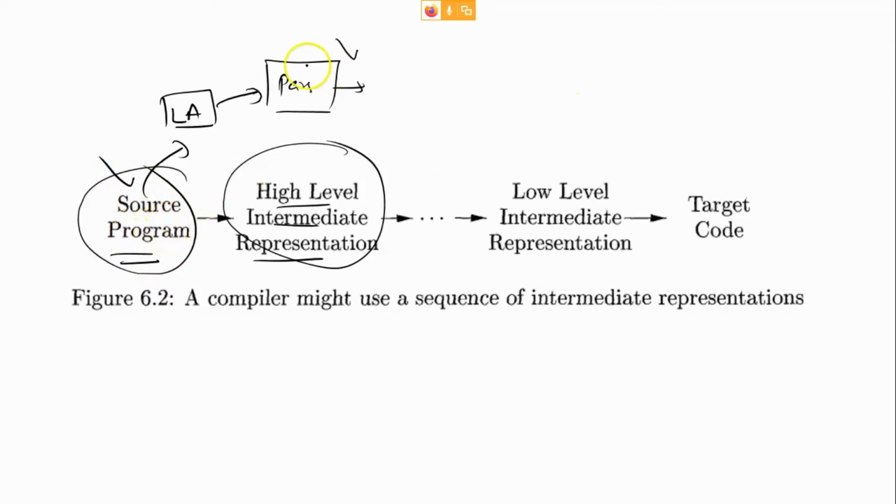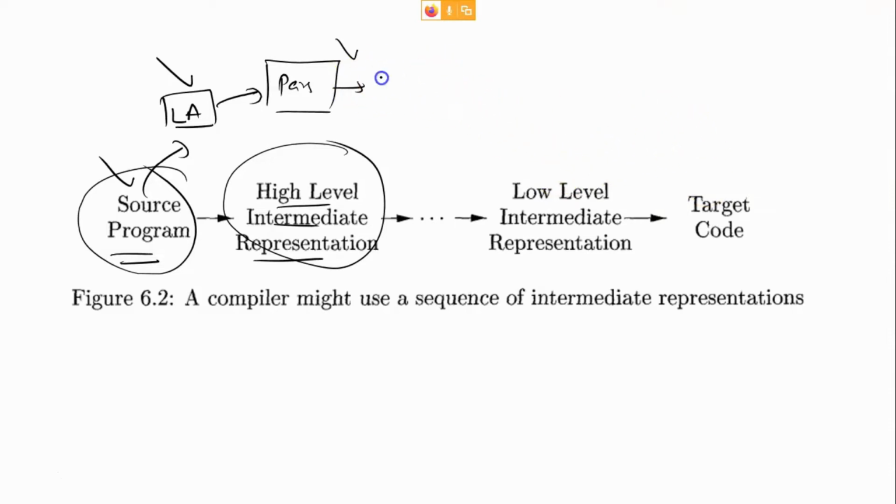And these first three stages, lexical analysis, parser, and semantic analysis, are close to high level, and the remaining phases like optimization and code generation are close to low level. Low level means machine level.